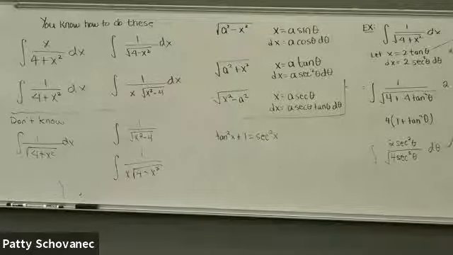That's the antiderivative. Now we need to get everything back in terms of the original variable. So let's go back to the original substitution and write this as x over 2 is equal to the sine of theta. Cosecant is the reciprocal of the sine, so 2 over x is the cosecant of theta.